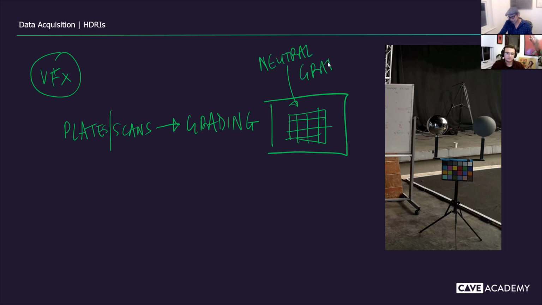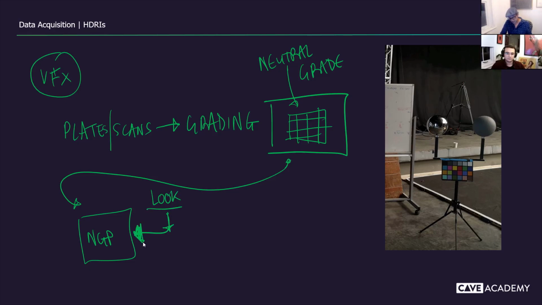And that neutral grade can be added on top of the shot. The neutral grade is the stuff that goes into VFX. The VFX get neutral graded plates or scans, whatever you want to call them. Now the look that the director wants comes in separately and gets added into this as well.